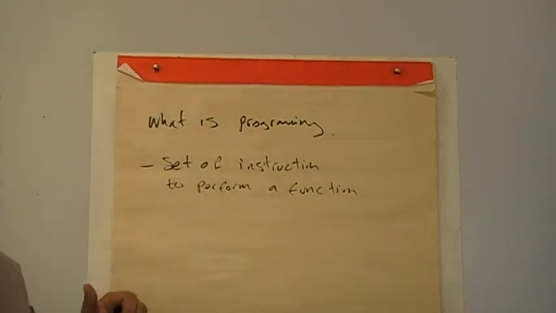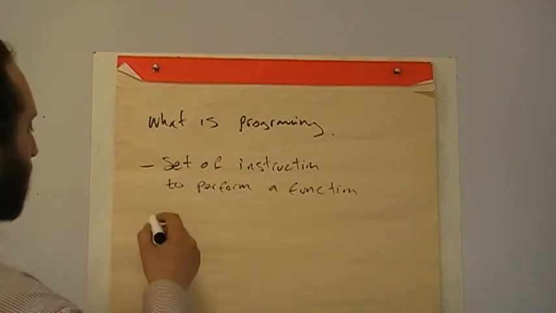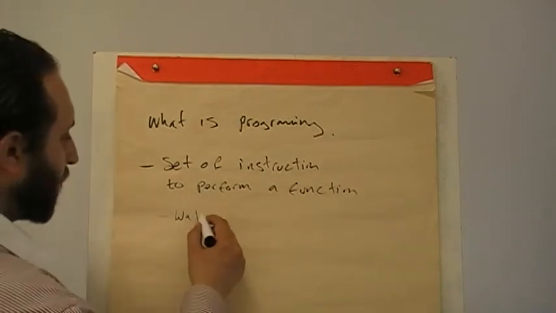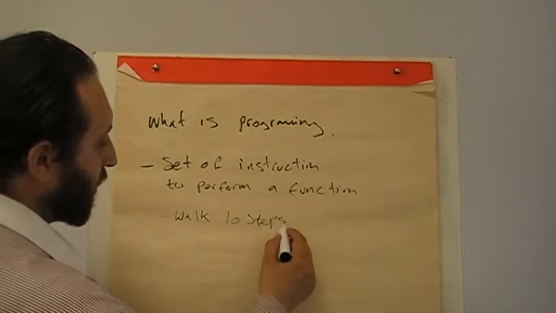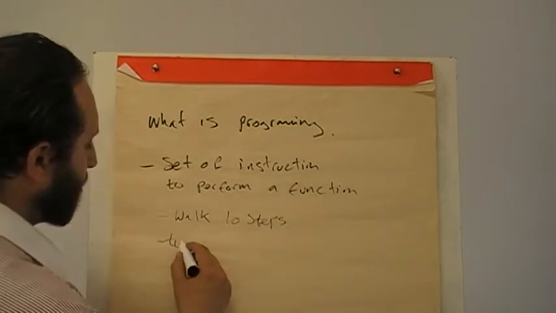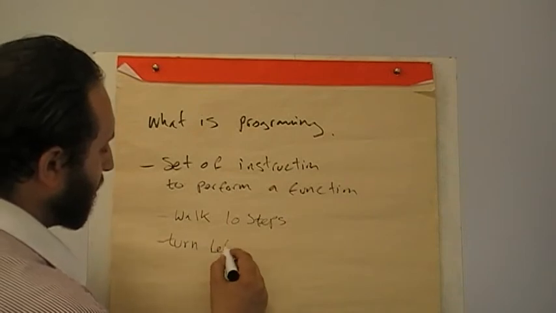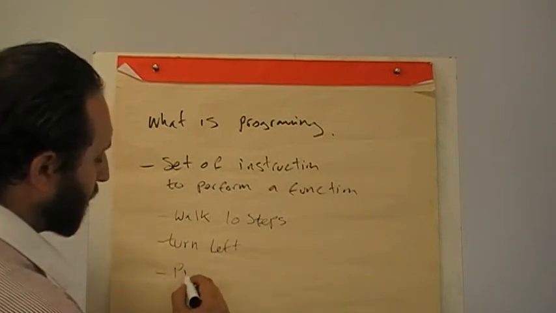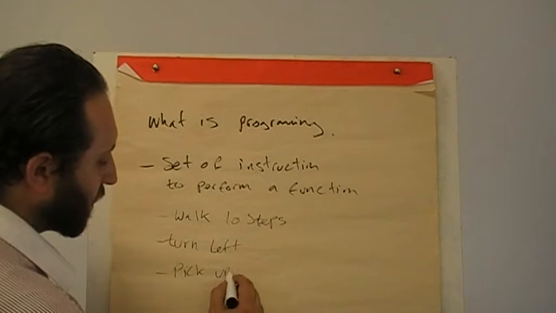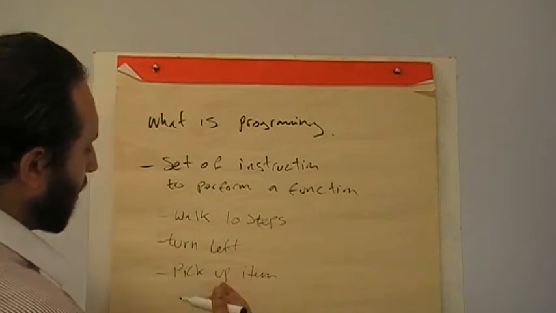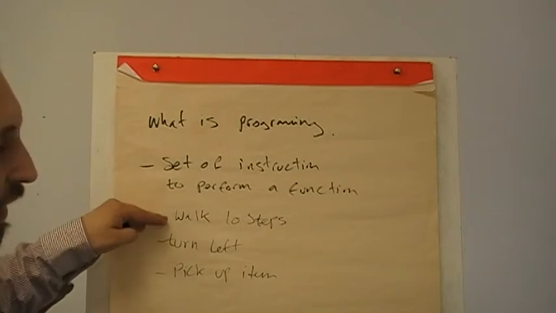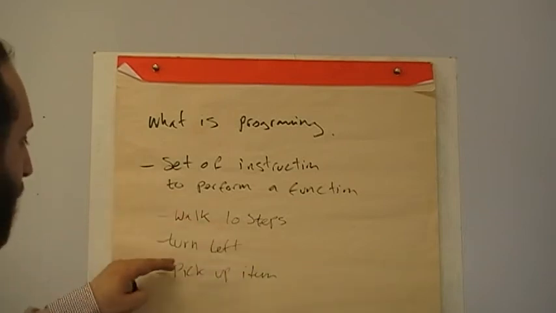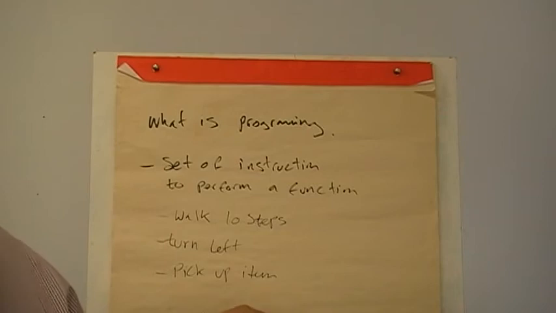For example, if we had a robot and we said to the robot, walk 10 steps and then turn left, pick up item, that would be a program that would execute in sequence. Walk 10 steps, turn left, pick up item.